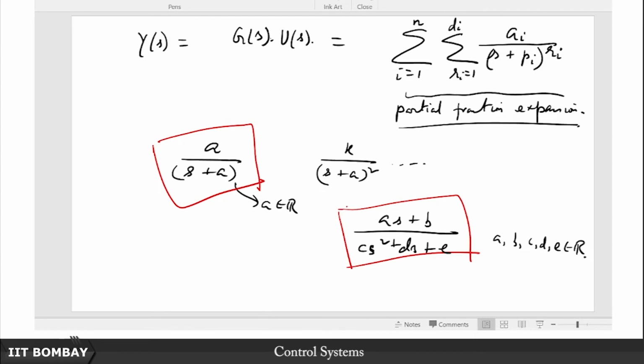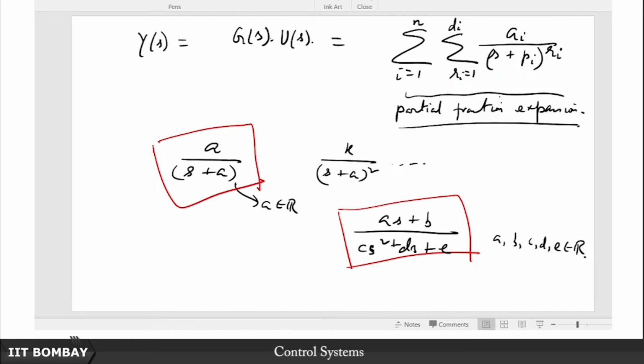What is our long term goal in pursuing this line of inquiry? We want to find out how the step response of the overall system looks, if that can be inferred by just looking at some of these terms, not maybe all the terms in this partial fraction expansion. So we will want to see if we can ignore some of these terms.